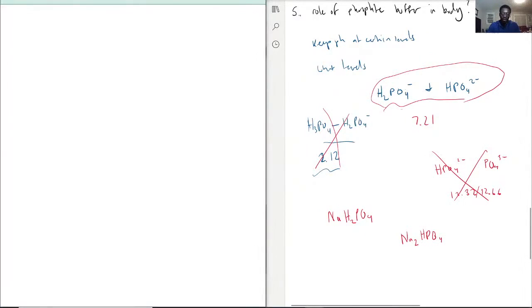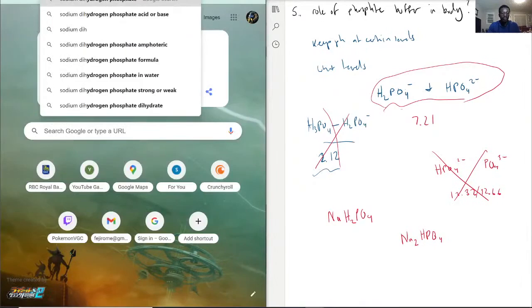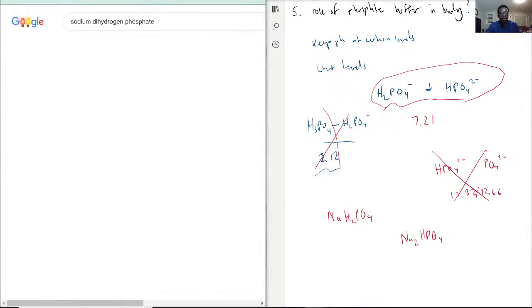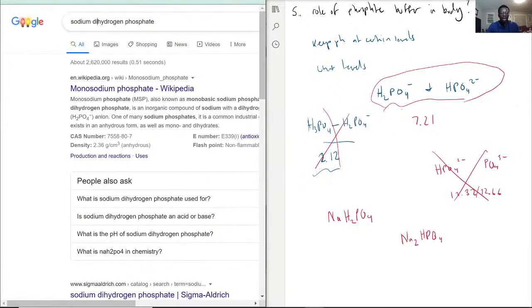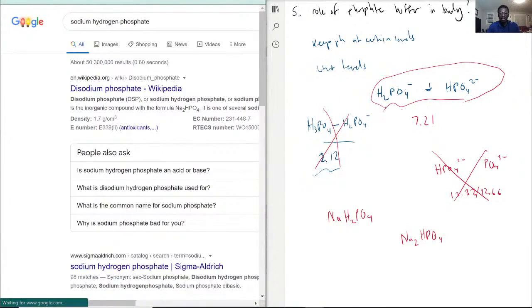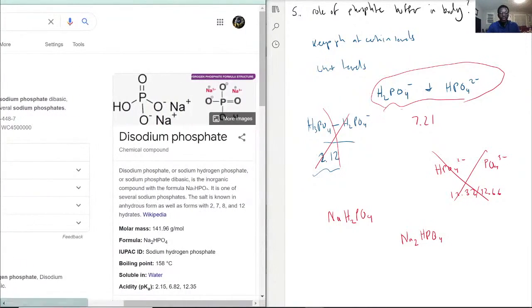Let me just check. Sodium dihydrogen, yep, also called monosodium phosphate. I don't like that name, but yes, it's still there. And sodium hydrogen phosphate, disodium phosphate. Still don't like that name, but yes, Na2HPO4.